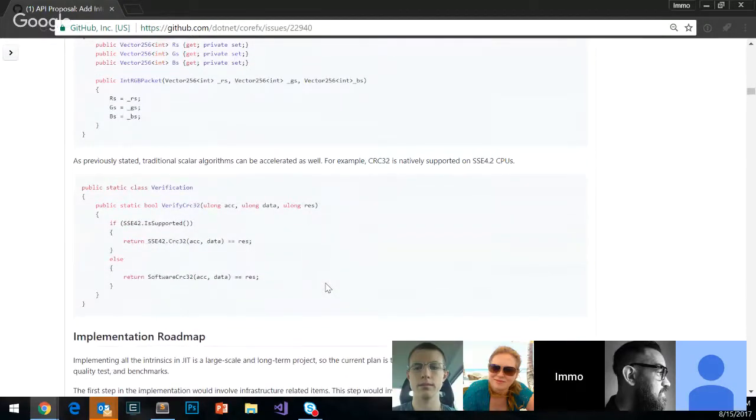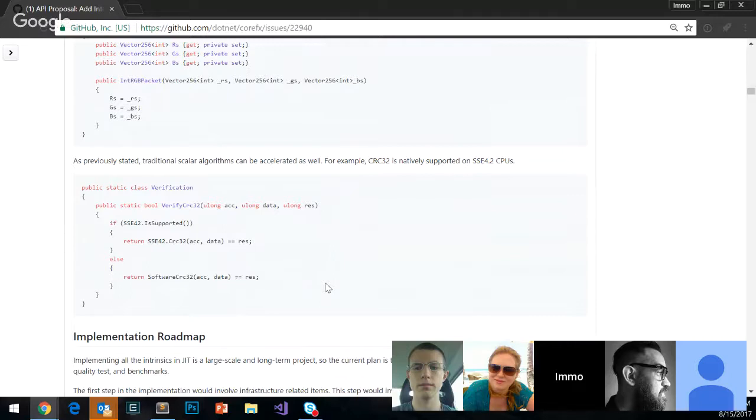And this is an example with the scalar intrinsic. We also provide CRC32 or pop count, leading zero count, these scalar intrinsics. I think the only feedback that came up last time is that we generally do not want to provide software fallbacks for all the stuff we offer. But maybe there are some pieces where a software fallback makes sense.